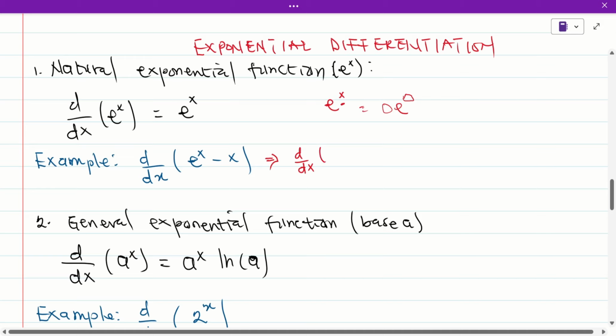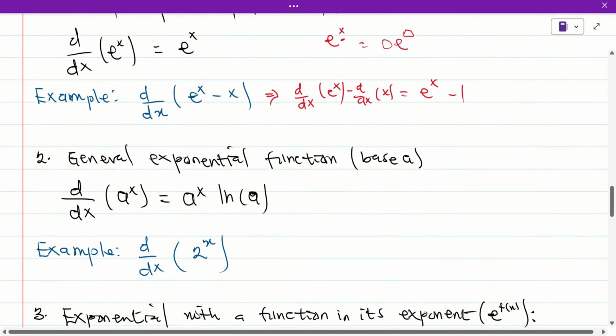So you're going to get d/dx of e exponent x minus d/dx of x, and you're going to get e exponent x minus 1. Hope you get it. All right, because when you differentiate x, you get 1.